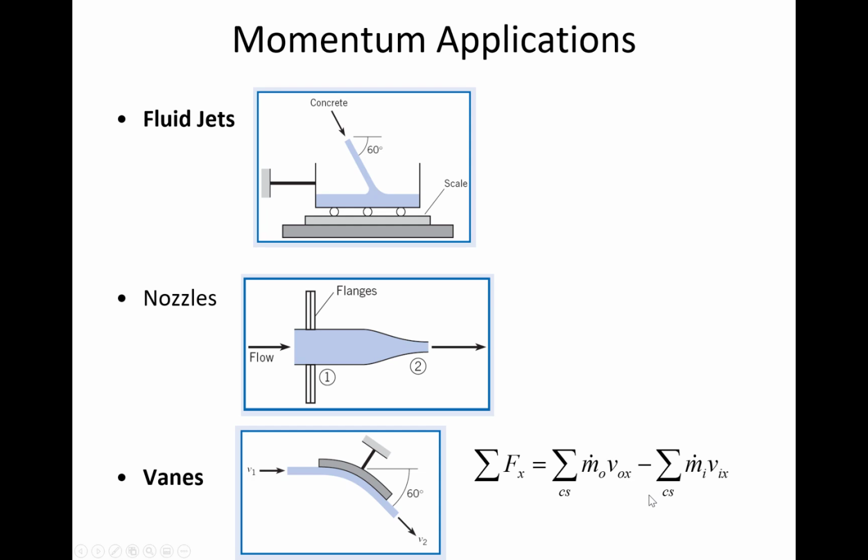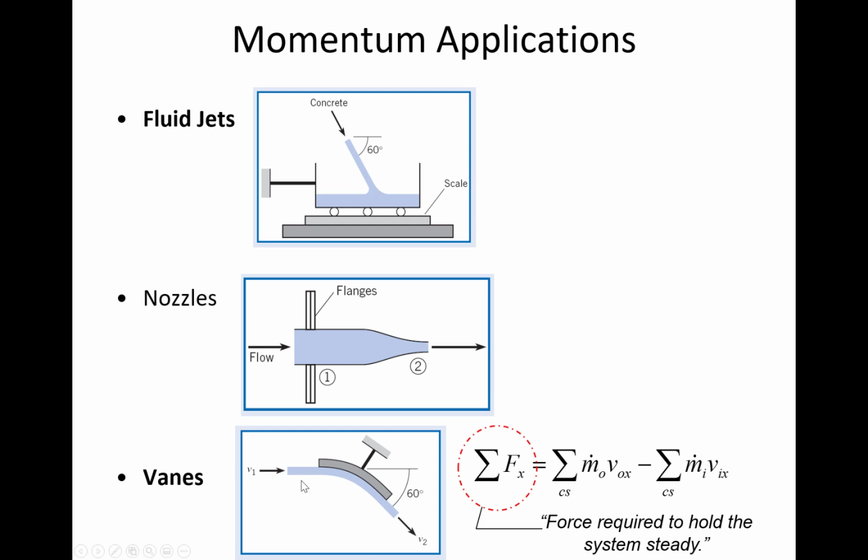But the interpretation of the momentum equation is that we're trying to calculate the force required to hold the system steady. And so if you think about in all 3 of these cases, the fluid, because it's changing direction, is imparting a force to a stationary object. And then the equal and opposite reaction that's occurring is that this stationary object is imparting a force to the fluid. And that's what allows the fluid to change direction.